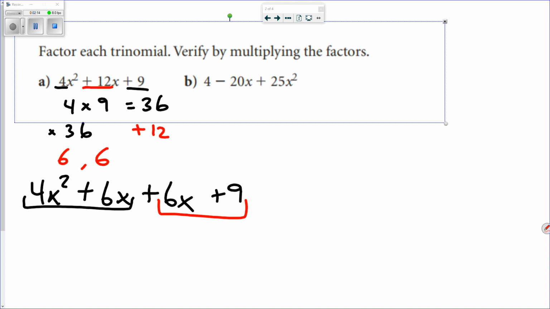And when we look at our first section, we can factor out an x. We have an x in both terms. We can factor out a 2 because both of our coefficients are even. So we take out a 2x. We're left with a 2x plus 3.